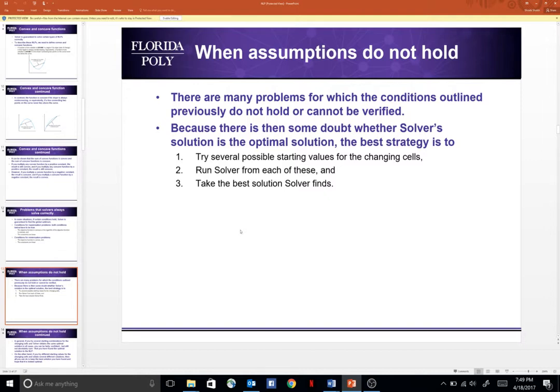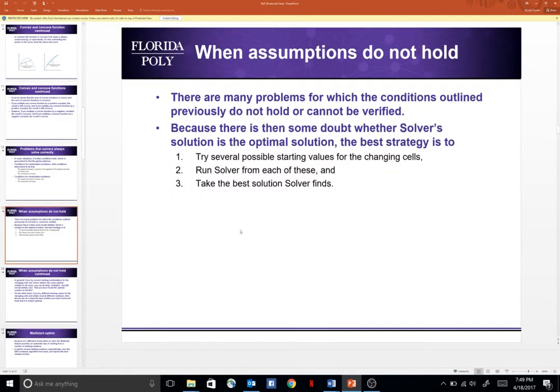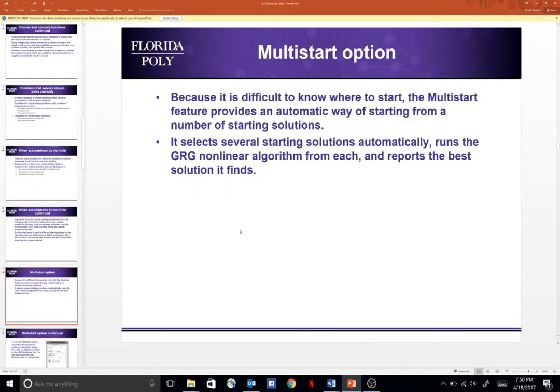Once again, it's not ideal, so we have different ways to apply methods within Solver that can remedy the situation. Obviously, even if you're not sure about the optimal solution, we can always try different combinations, but that makes it kind of difficult.